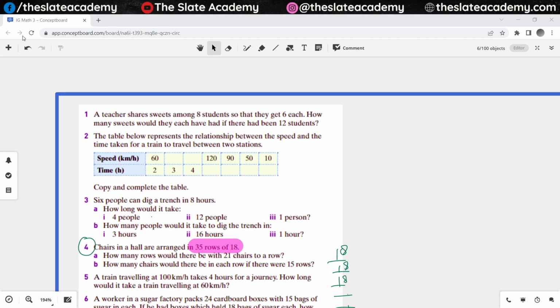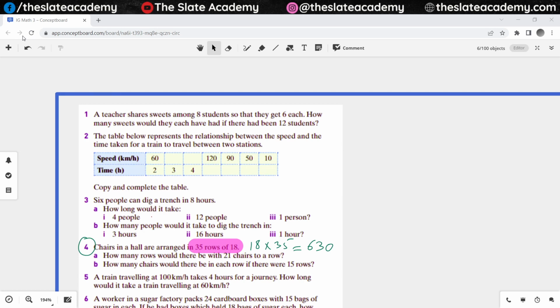So the total number of chairs is 18 into 35. How much is that, Sir Arman? There are a total of 630 chairs.